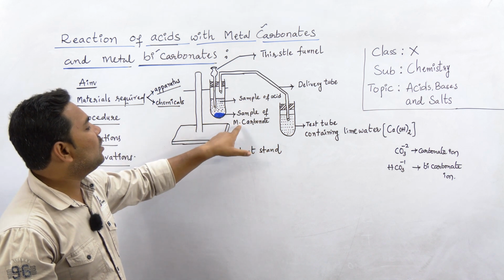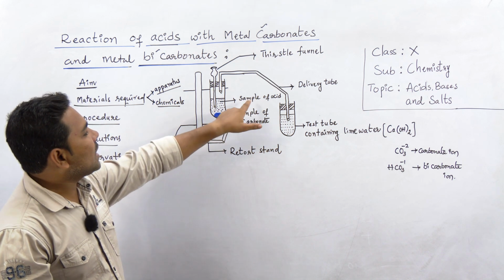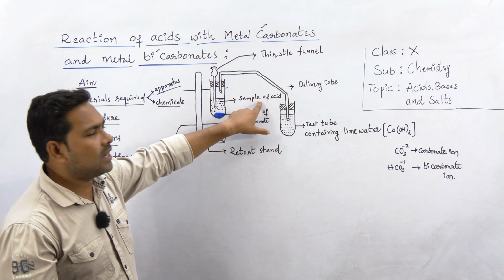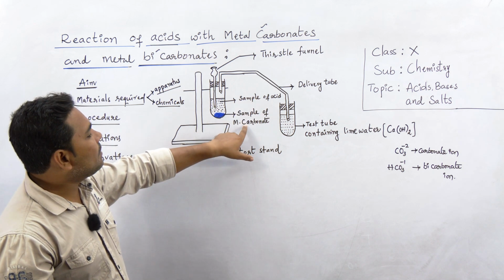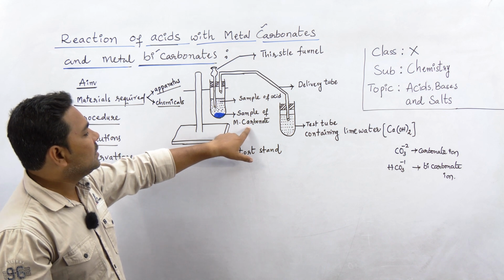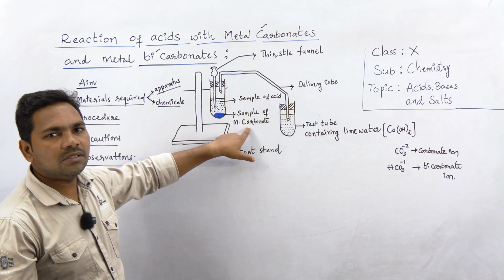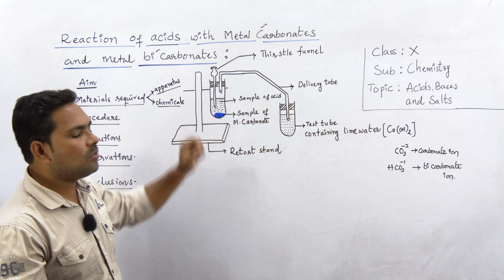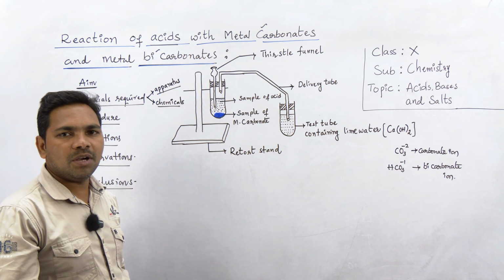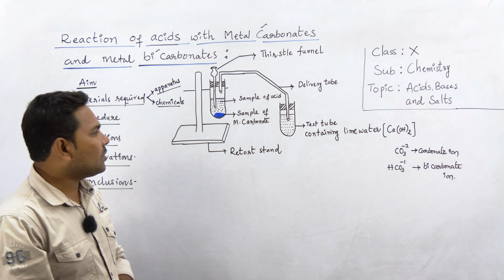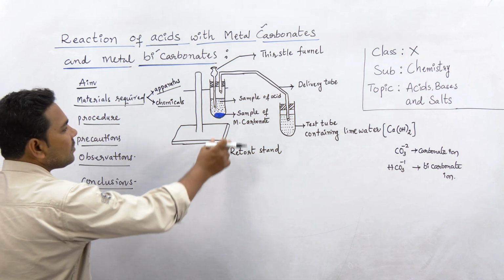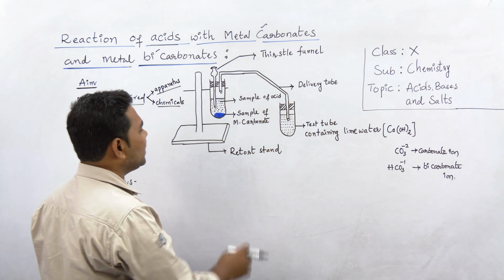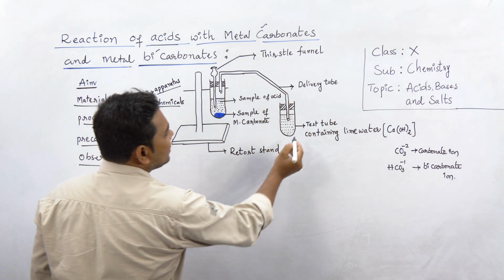Second, a sample of metal carbonate. The sample of acid can be hydrochloric acid or sulfuric acid. The sample of metal carbonate can be sodium carbonate, sodium bicarbonate, potassium carbonate, potassium bicarbonate, calcium carbonate, calcium bicarbonate, etc.